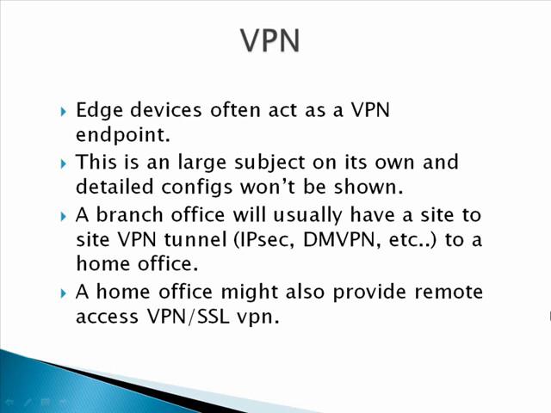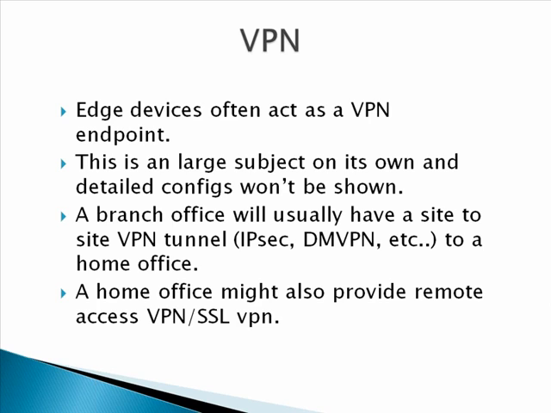Okay, so edge devices often act as VPN termination points. Like it says here, it's a large subject on its own. One of my previous webinars was on EasyVPN for remote access. There's also SSL VPN, so people can get in just using a browser.